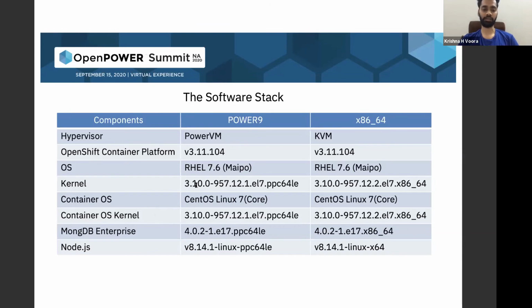The MongoDB Enterprise version was 4.0.2, consistent across Power 9 as well as x86. At that point in time, the Node.js version was 8.14.